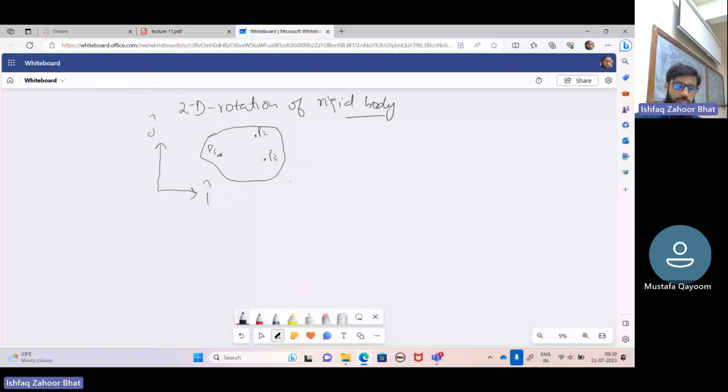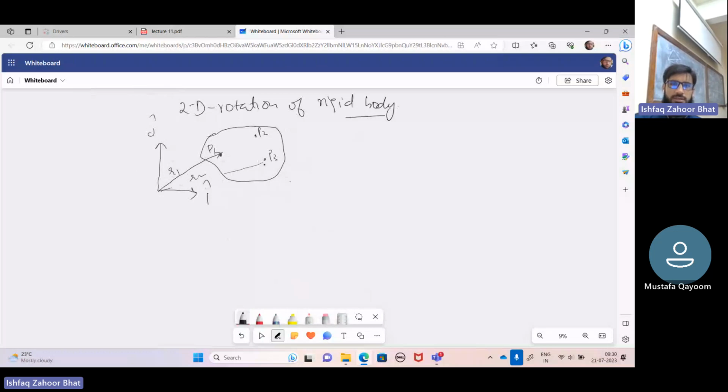So we have three points P1, P2, and P3. There will be a position vector associated with this point 1, likewise, as we have done for the point particles or point masses. So there will be R1 position vector. Similarly, there will be R2 position vector, and similarly, R3 position vector.